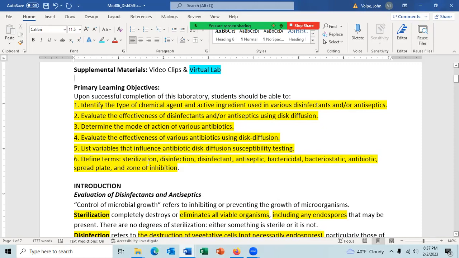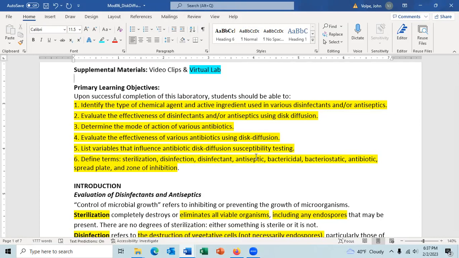You should be able to list the variables that influence the antibiotic disk diffusion susceptibility testing, meaning there are different things that can influence the results when you're running an antibiotic disk diffusion test. So list those variables.